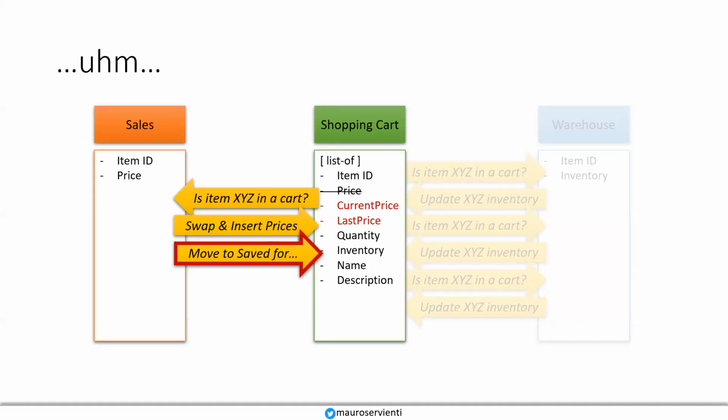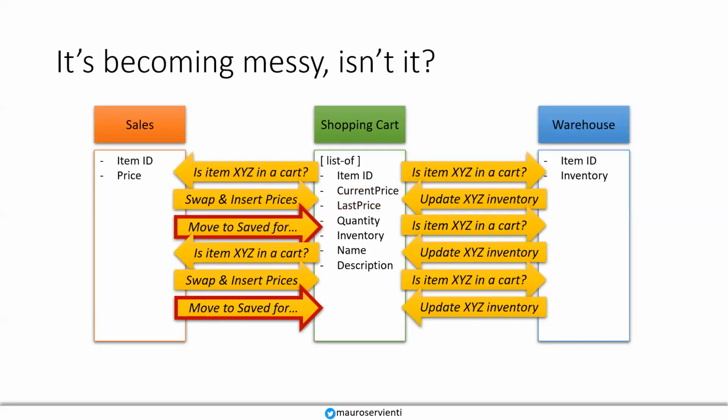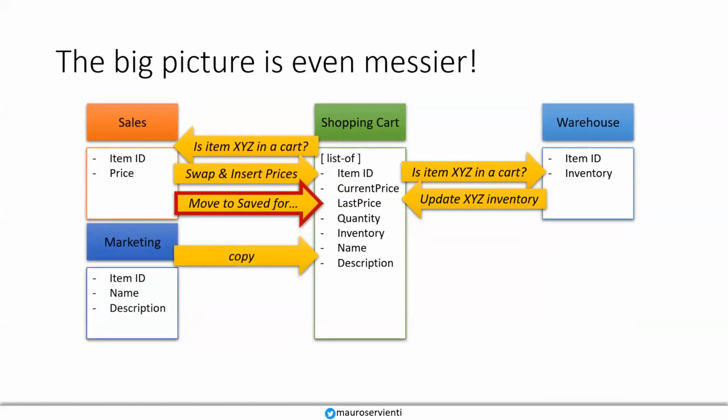And these couple of actions will go on and on and on, basically forever, till there will be items in the shopping cart. We'll go on trying to change elements in the shopping cart from sales and trying to change elements in the shopping cart from warehouse. And the big picture is even messier.